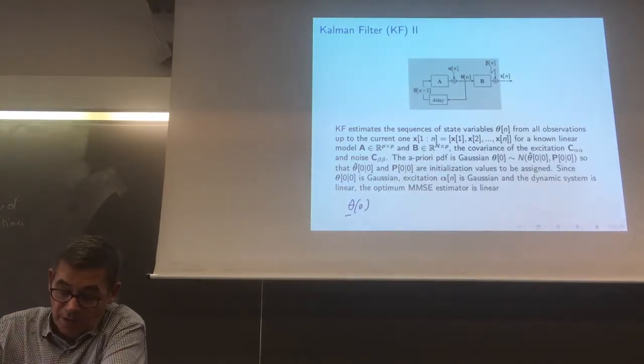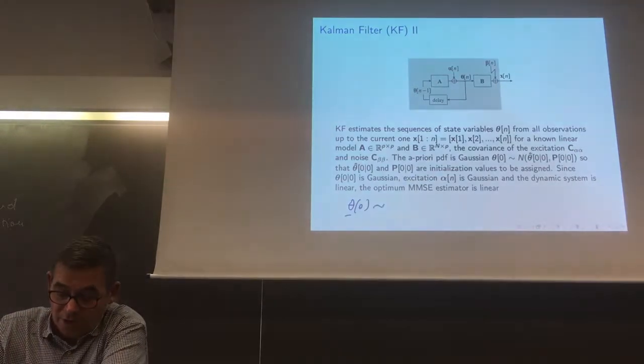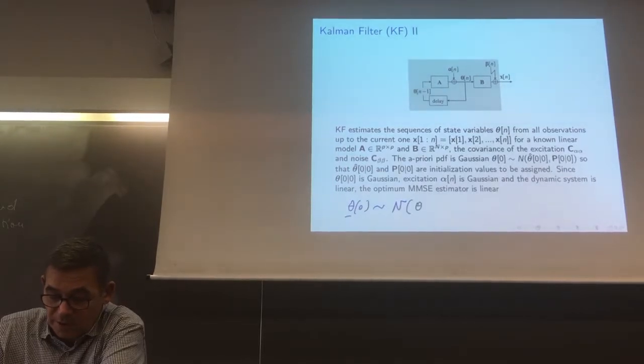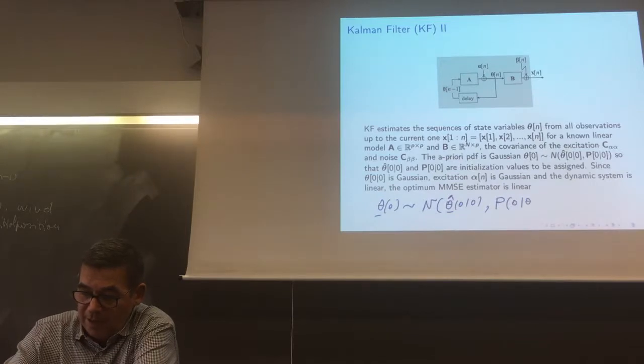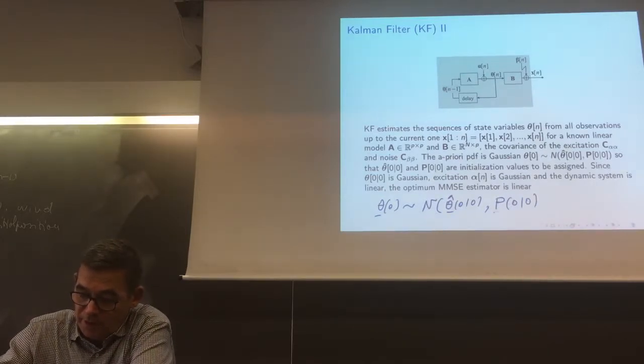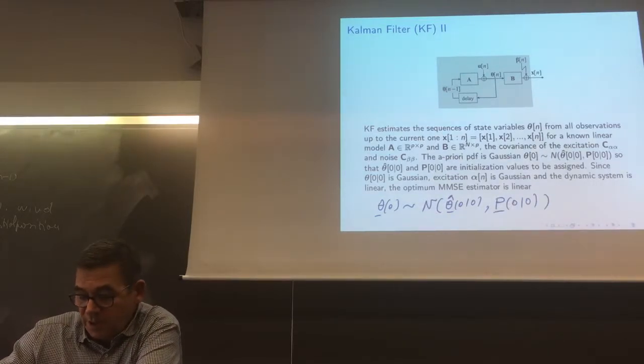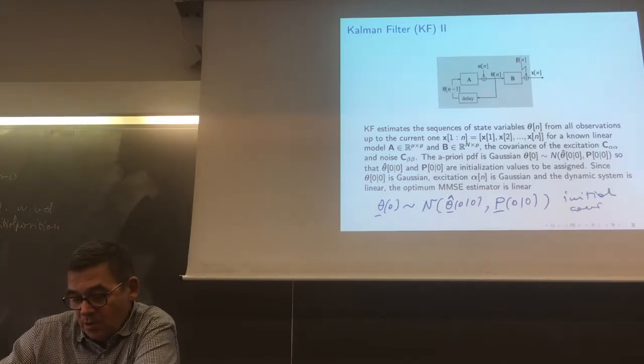Initially it's a normal with a certain mean value and with a certain covariance. So this is the initial condition.